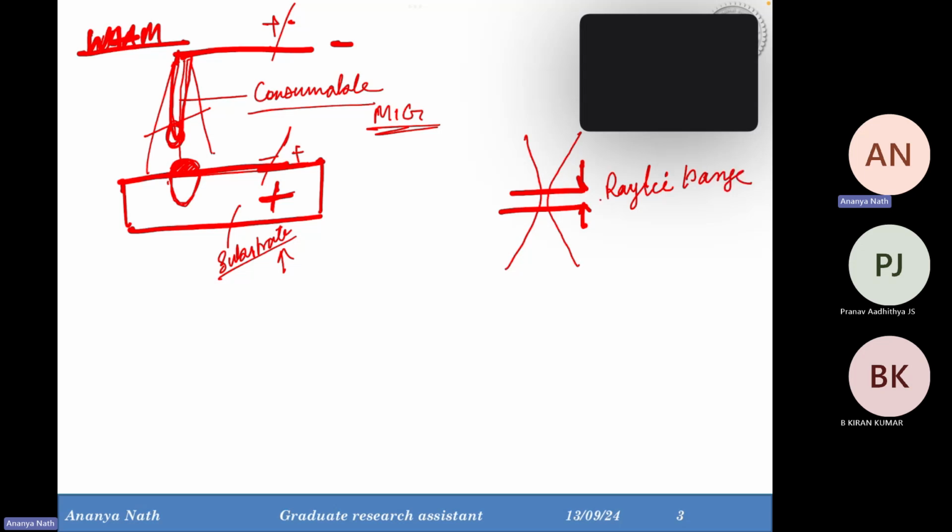I forgot the spelling. I don't know. So this is the Rayleigh range in which you get the focus. So this is basically the focus, and you weld the substrate in focus.